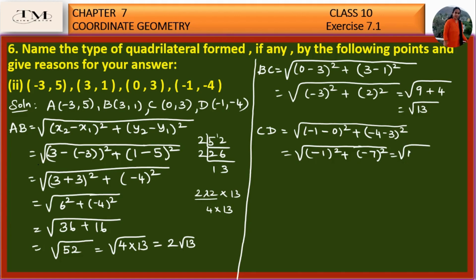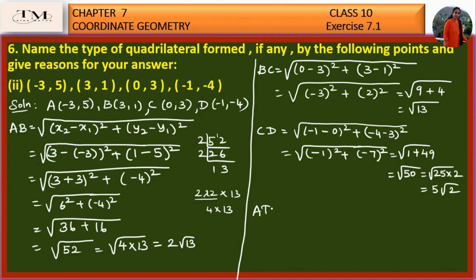Minus 1 whole square is 1, minus 7 whole square is 49, and 49 plus 1 is 50. This 50 can be written as 25 into 2, and the square root of 25 is 5. So CD is equal to 5 root 2.